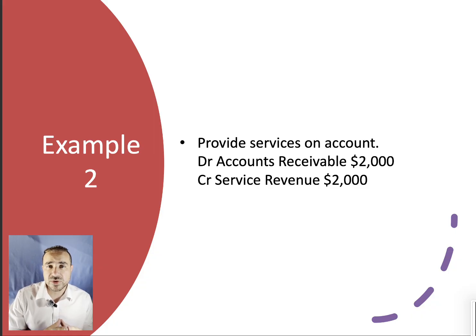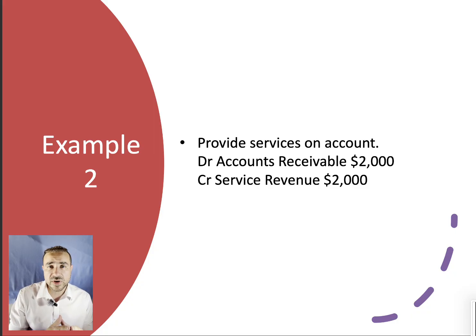So it's account receivable, which I know is a current asset. If I want to increase the account receivable, I will put it in the debit side, so I will put debit account receivable for 2,000.